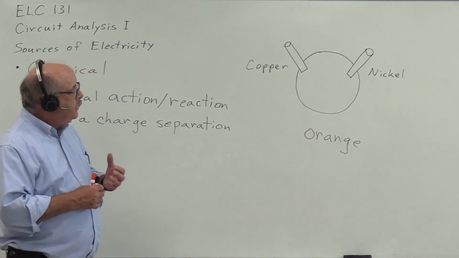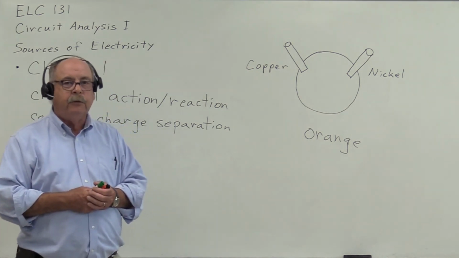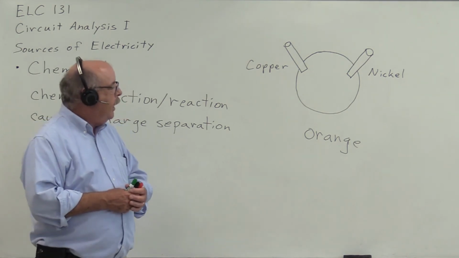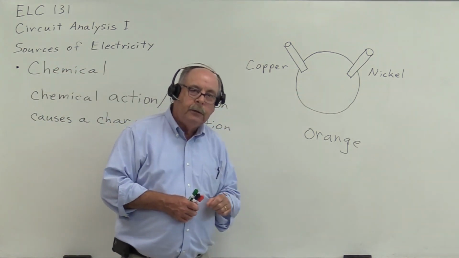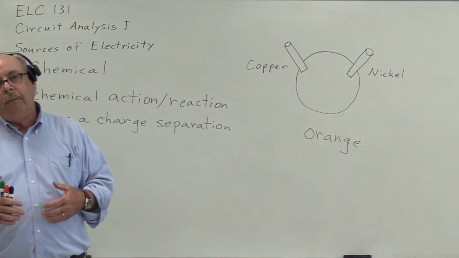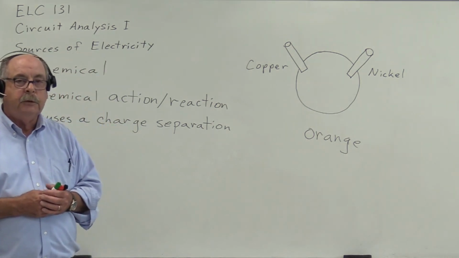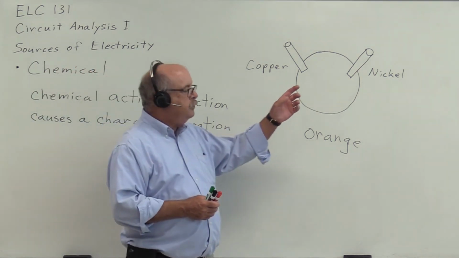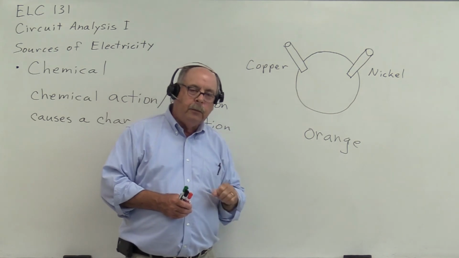Now, in order to have a cell or create electricity through this chemical reaction, we have to have some sort of electrolytic material. And this electrolytic material can be acid, it can be salt water, sodium chloride in solution, but we have to have some means of being able to transport electrons from one point to another point.